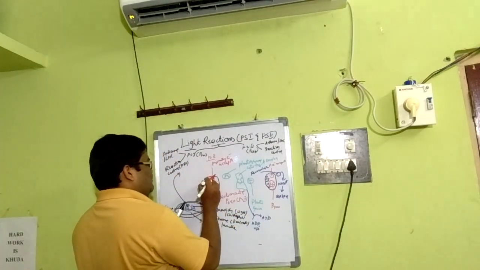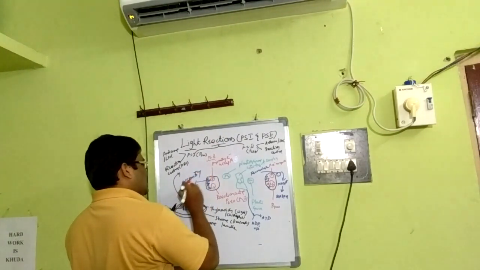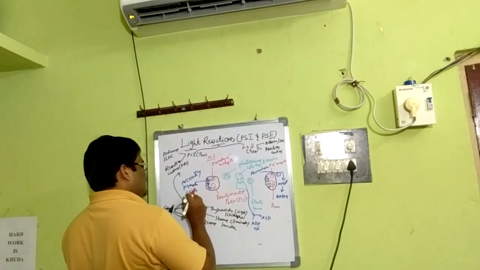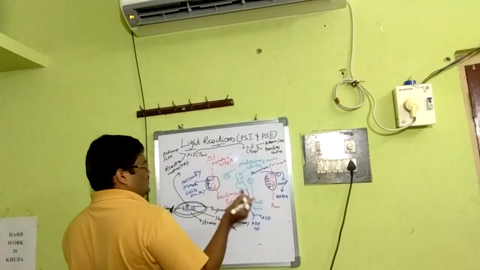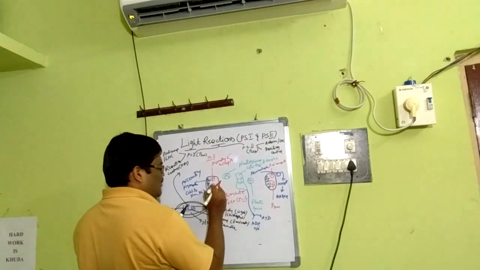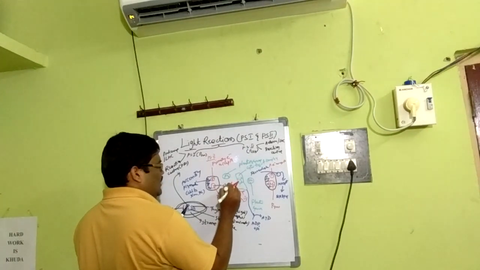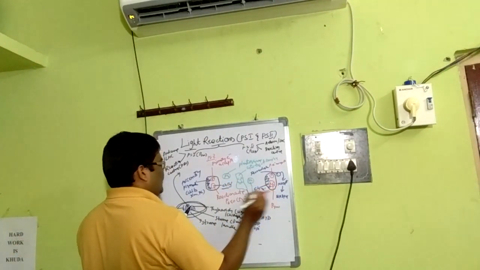And these are the auxiliary pigments, that means chlorophyll b, xanthophylls, phycobilins, etc. And it contains chlorophyll a. See, chlorophyll a. Here also chlorophyll a.